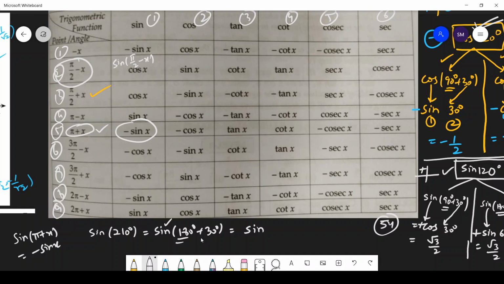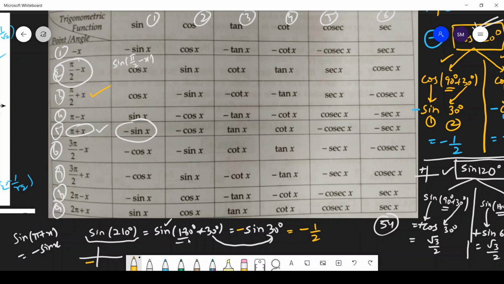Then the second step is to write the angle as it is, whether it is plus or minus 30 degree. Now, sine 210 is in which quadrant? Third quadrant. The sign is negative, so write the negative sign here. So minus, what is sine 30? 1 by 2.